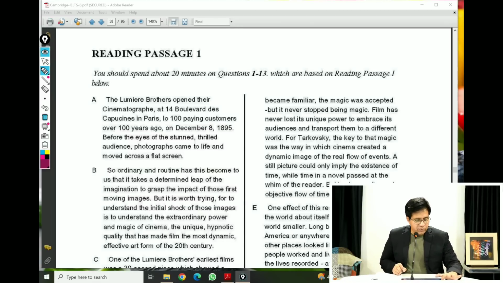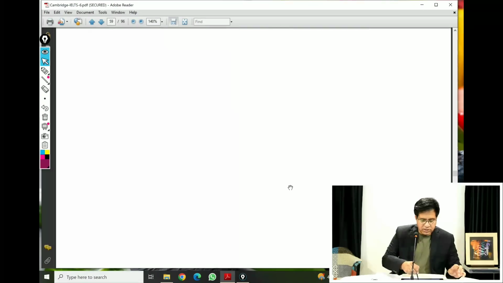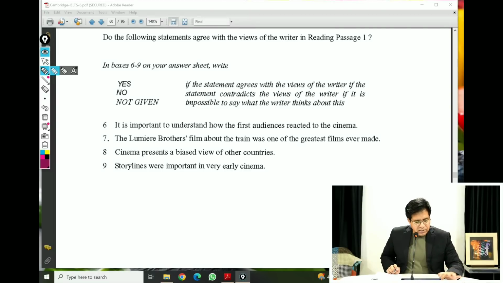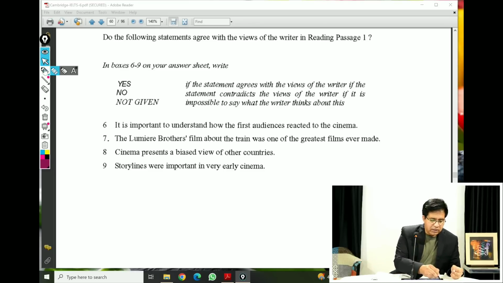Now, we go back to the question. The question says it is important to understand how the first audiences reacted to the cinema. So they said it is worth trying to understand. So the answer is going to be yes.